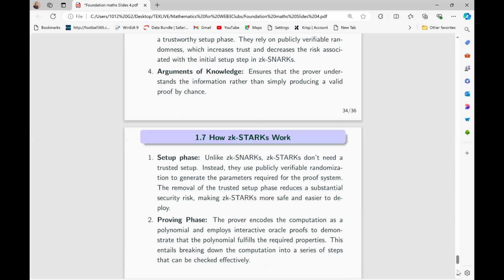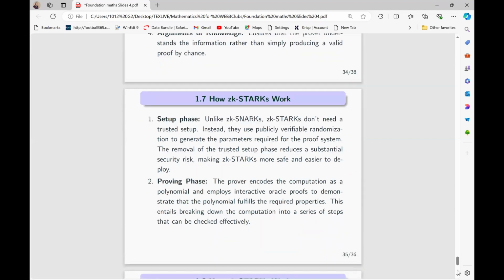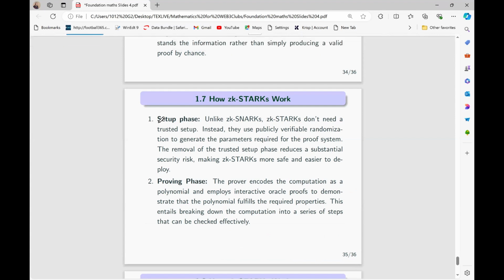Now, how do ZK stacks work? We have a setup phase, but it's not the same as the one in the ZK snarks. I began by saying that, unlike the ZK snarks, ZK stacks don't need the trusted setup.